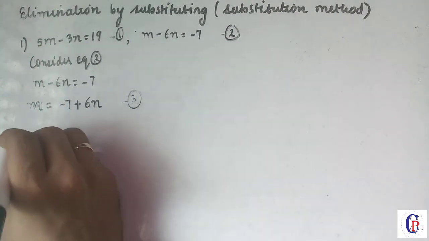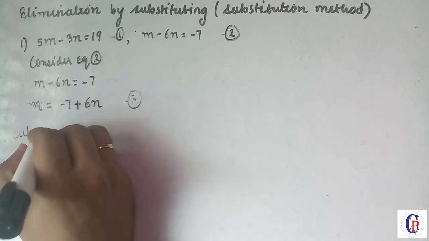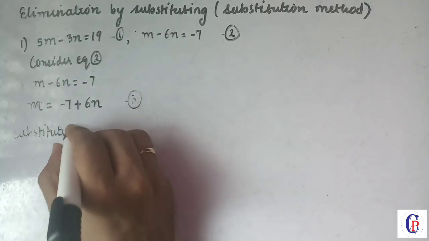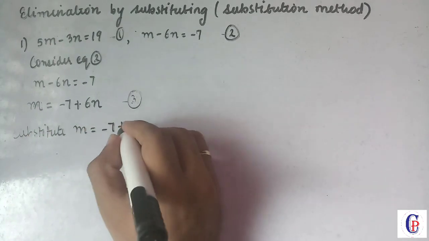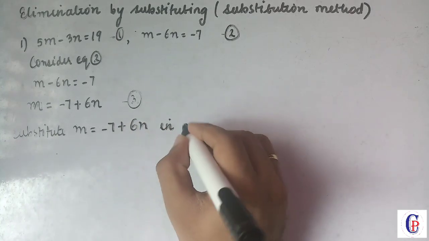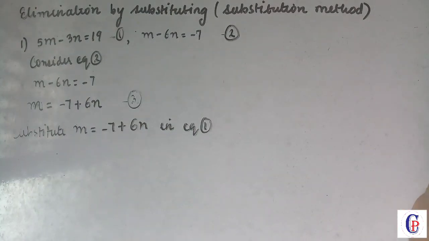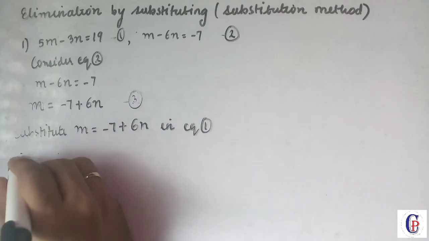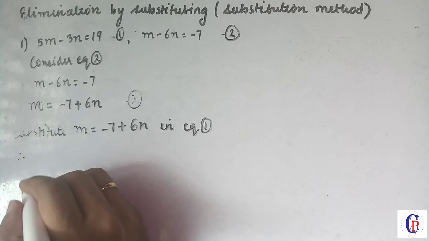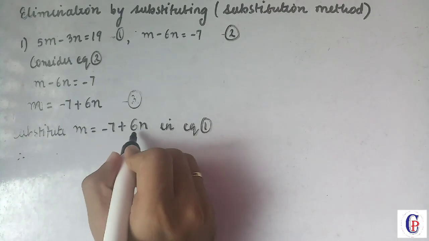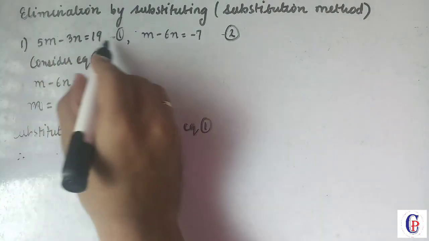So we will substitute m is equal to minus 7 plus 6n in equation 1. In place of m you will write minus 7 plus 6n, in equation 1. So this is our equation 1.